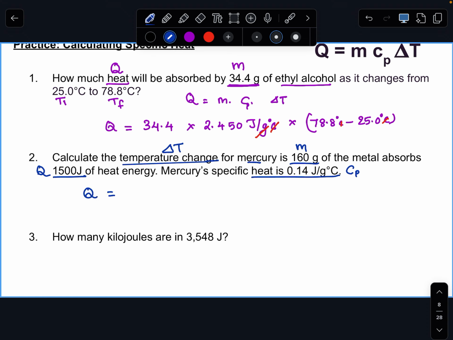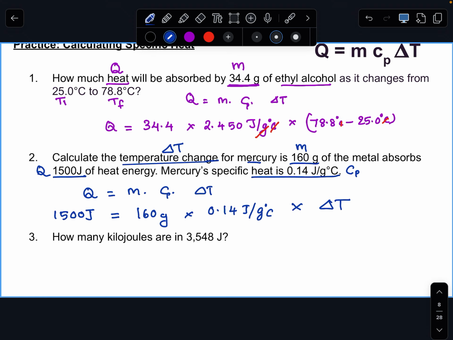So write the equation Q equals M times C times delta T. Q is 1,500 joules, M is 160 gram, and Cp is 0.14 joule per gram degree Celsius times delta T. That's the one you are finding.